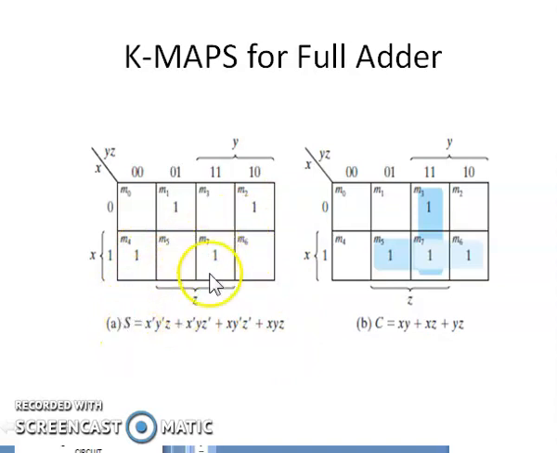For sum, we will not be able to group the ones, so write the expression as it is. For carry, 3 possible pairs are possible. For each pair, write down its corresponding product term. So we'll get the simplified expression for carry as xy plus xz plus yz.